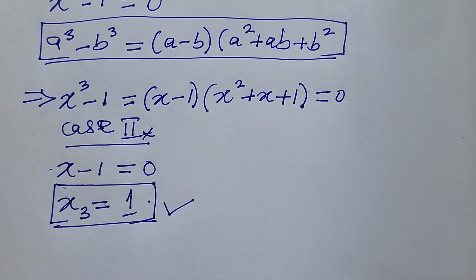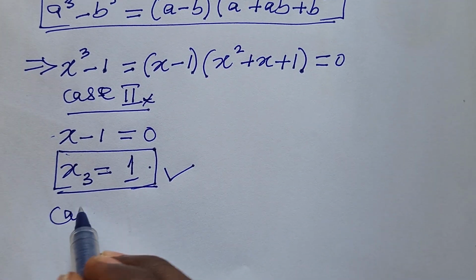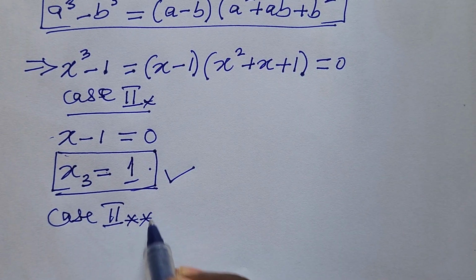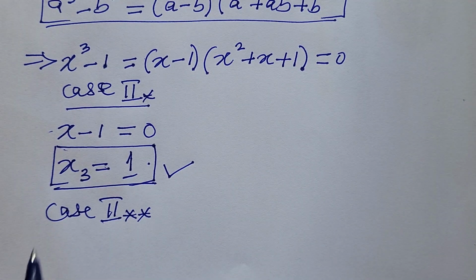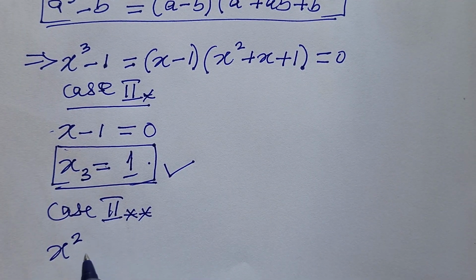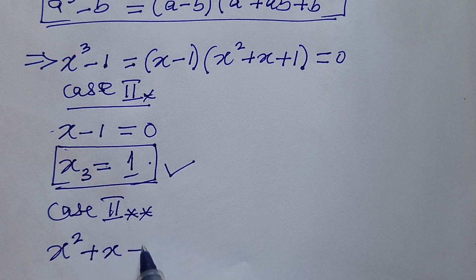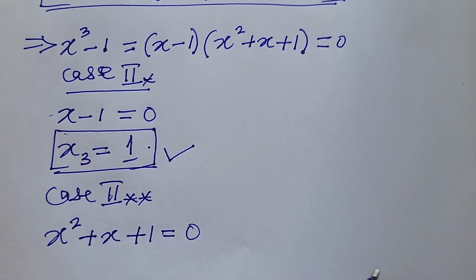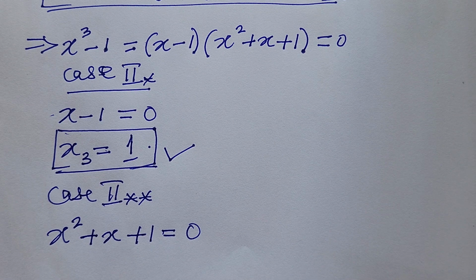So let's take our case 2 of star, which is this. So here we have x to the power of 2 plus x plus 1 equal to 0. Of course, this is a quadratic equation, so we want to solve this using the quadratic formula. We have to record our quadratic formula.